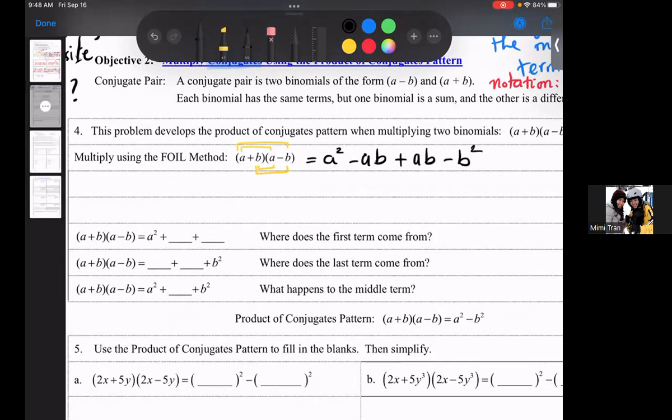Unlike a plus b times a plus b, when you multiply conjugates, you can cancel the middle term. That's the nice thing about it. So it's just a squared minus b squared. So if I give you something like x plus y times x minus y, all you say is just x squared minus y squared. Because when you FOIL it, the middle one is going to cancel.